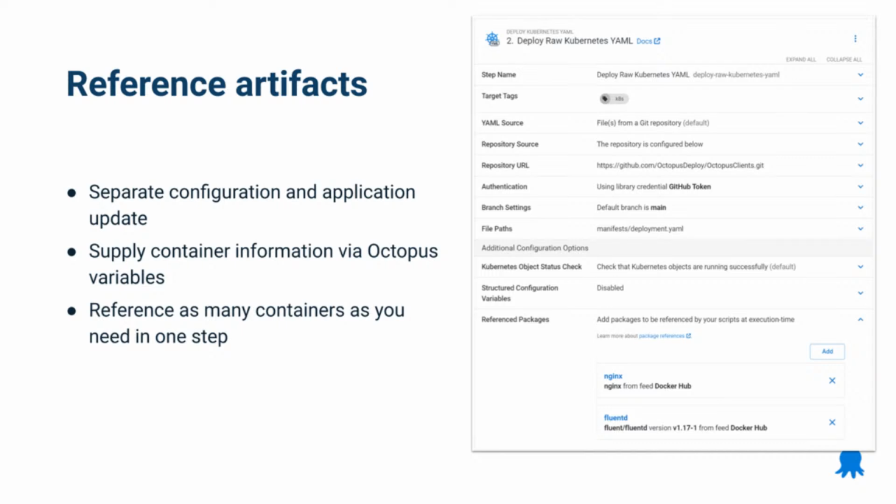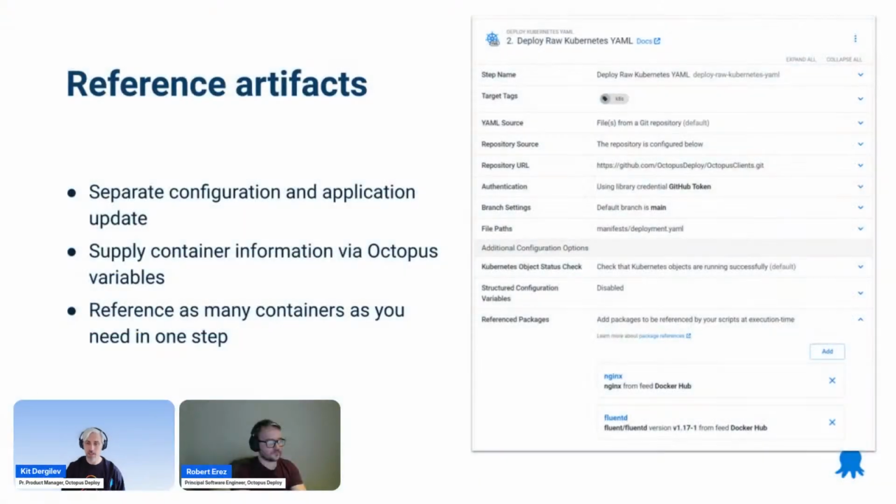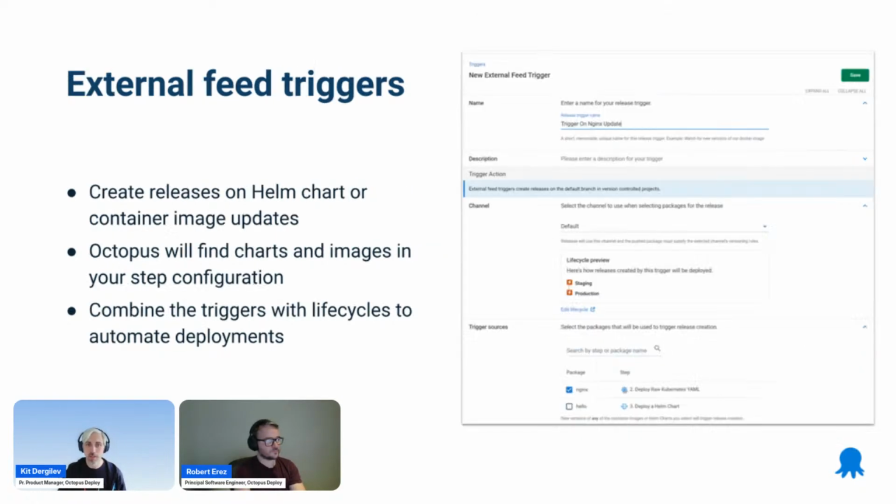If you go back and think about sourcing YAML configuration or manifests from Git, you don't need to update the manifest every time you have a new version of a container, which could be annoying, or maybe use it as a template across multiple apps. Instead, you can keep the configuration there and supply the new container image with this reference artifact through Octopus at deployment time. Again, a small thing, but it works nicely with the previous one.